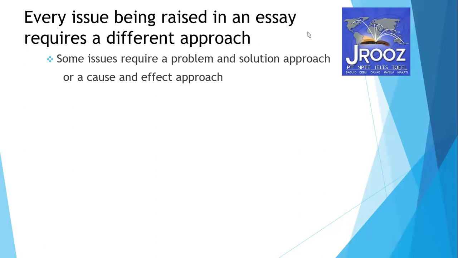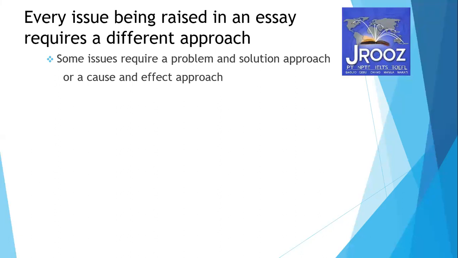Okay. Like what we just saw, right? More and more children nowadays are becoming overweight. What are the causes? And I forgot the second question. Wait, the second question was Fred's. What was the second question?